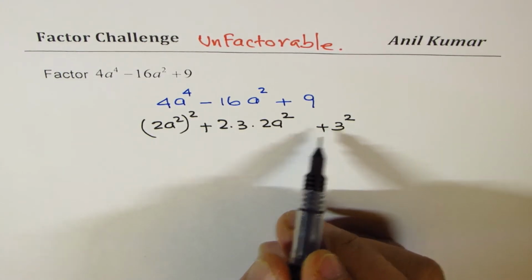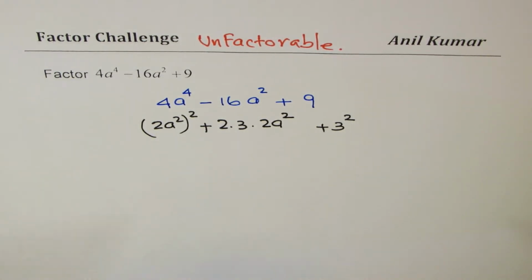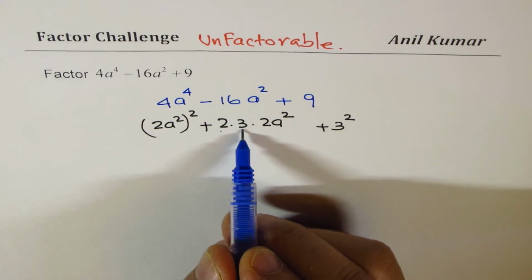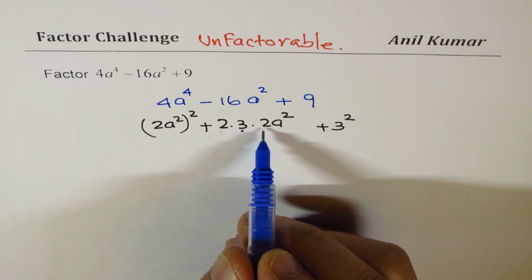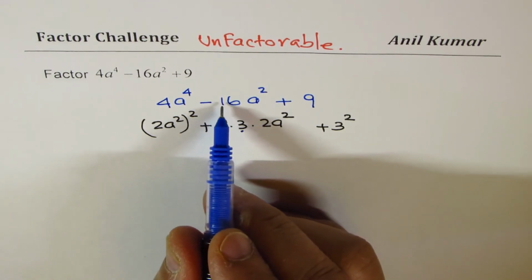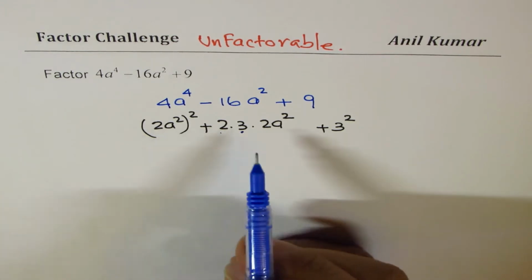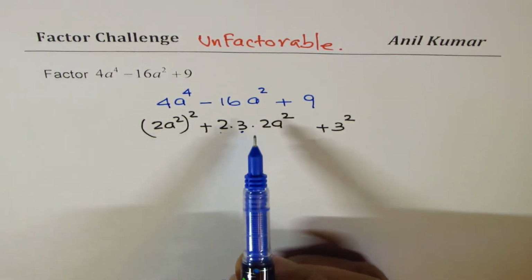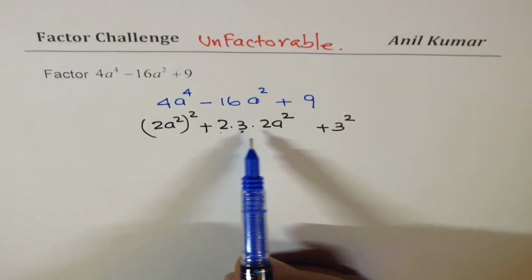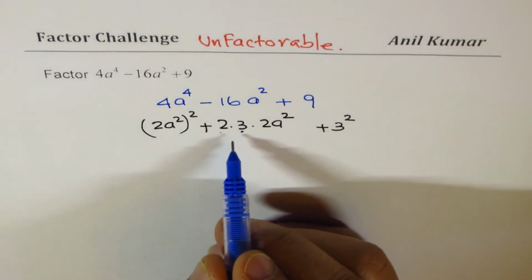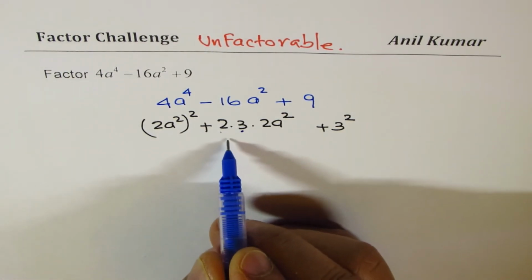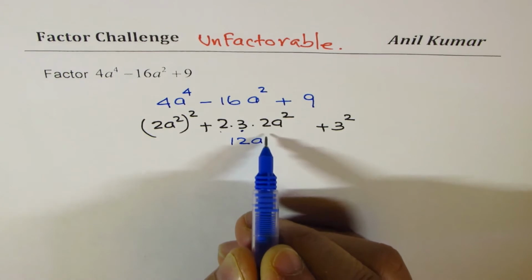You get an idea, right? But what I have here, 2 times 3 is 6, 6 times 2 is 12. I do not have 16. I have 12 there, correct? So that is the kind of strategy which we are looking for. This actually is 2 times 2, 4 times 3 is 12. So we have here 12a square.